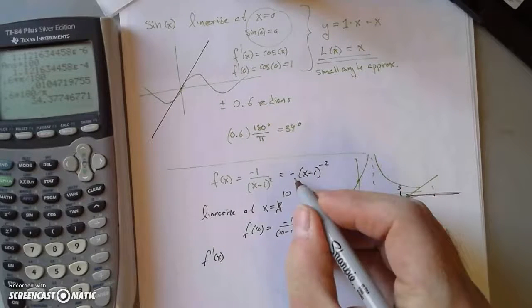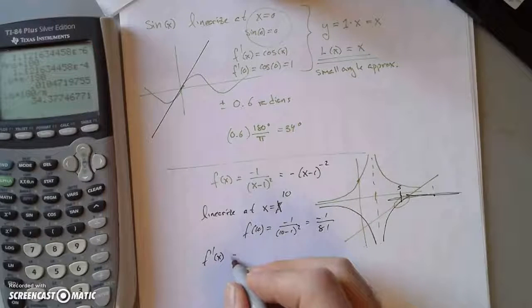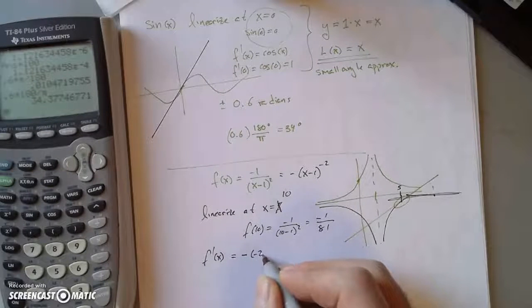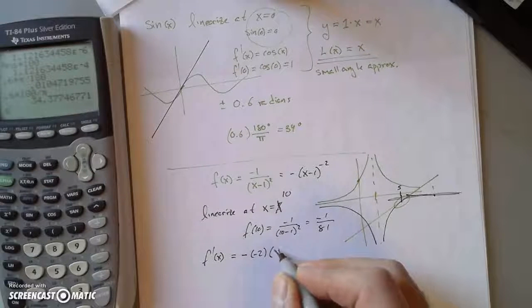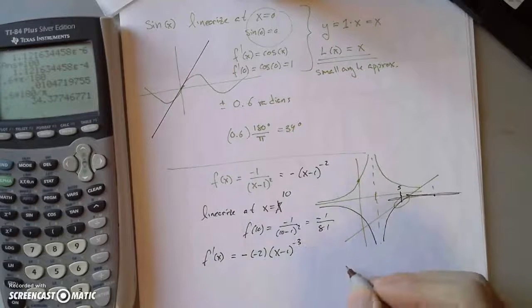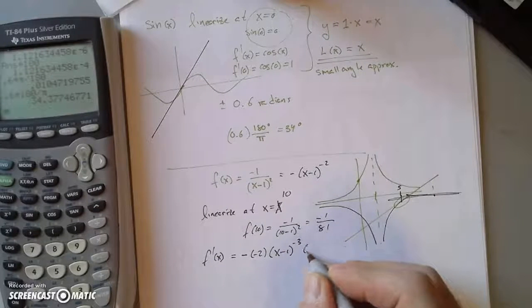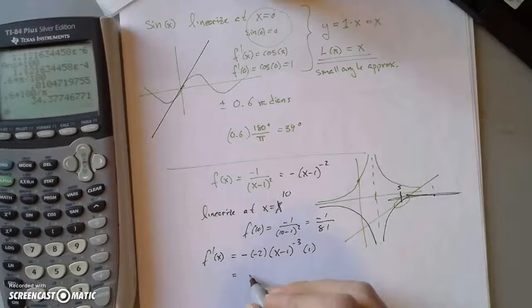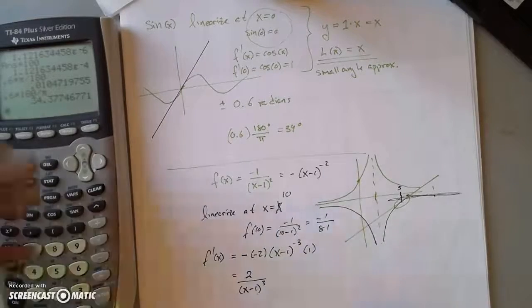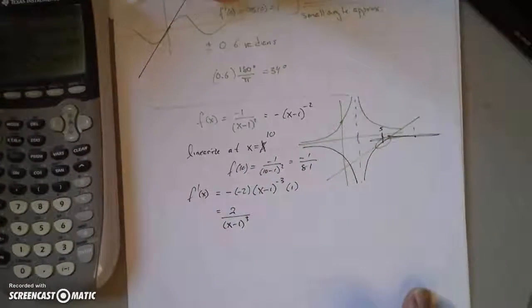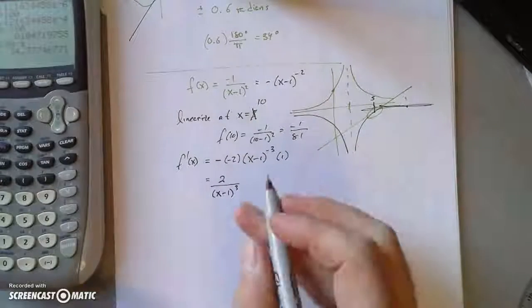So we can use the power rule first, and then the chain rule. That'll give you a minus times the minus 2 that we brought down, times x minus 1 to the minus 3, times the derivative of the inside. So this is 2. Let's put it back in the denominator now. I like moving in and out of the denominator as it makes things easier or harder.